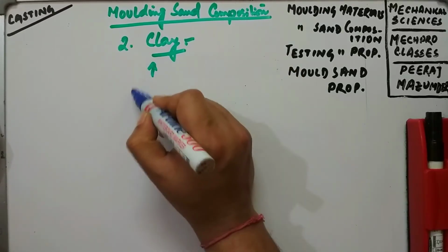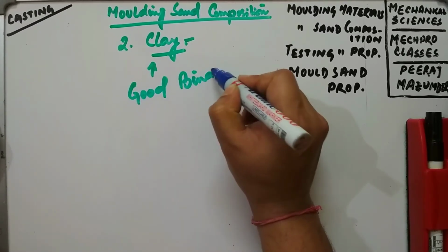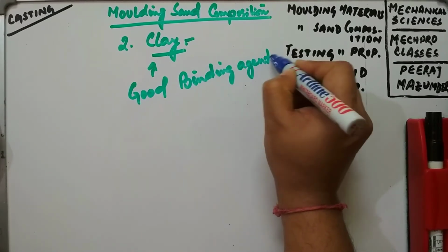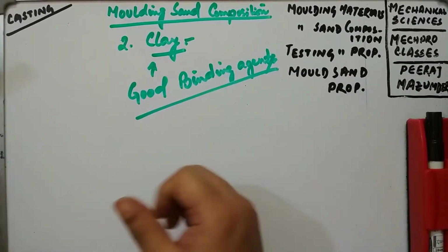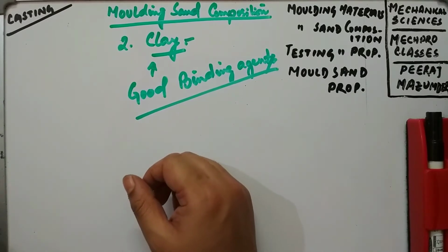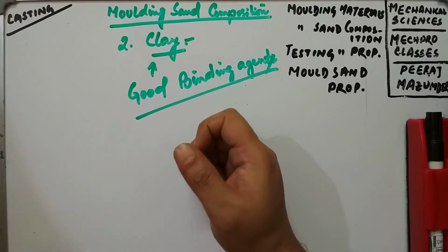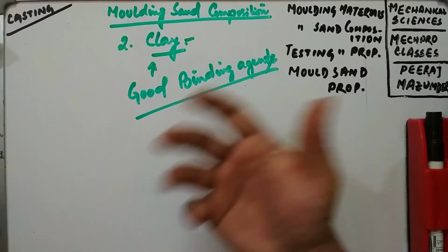They are good binding agents. So in addition to silica sand, we are also going to use clay for its good binding, which can hold the molding sand. They are generally mixed with the molding sands to provide strength, and also because of their low cost and wider utility.